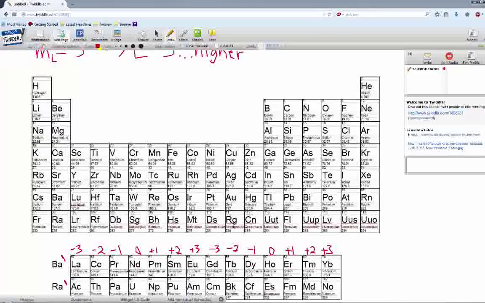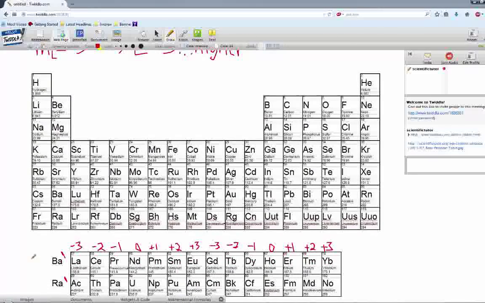Again, if we go down to the bottom, the first of these f orbitals, right here, is represented as the 4f orbital.